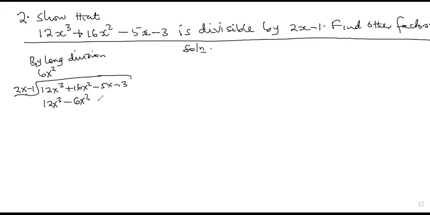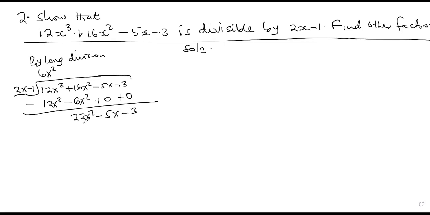Since we don't have components here, we shall say plus 0, plus 0. That is followed by subtraction. 12x cubed minus 12x cubed, that is 0. 16x squared minus -6x squared, that is 22x squared, minus 5x minus 0, that is minus 5x, and minus 3 minus 0, that is minus 3.